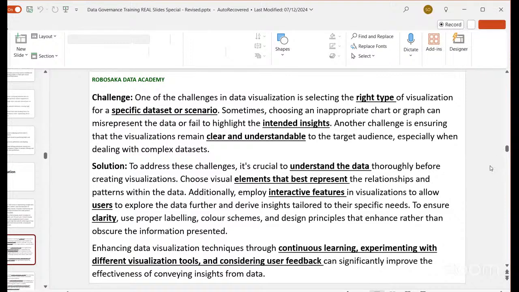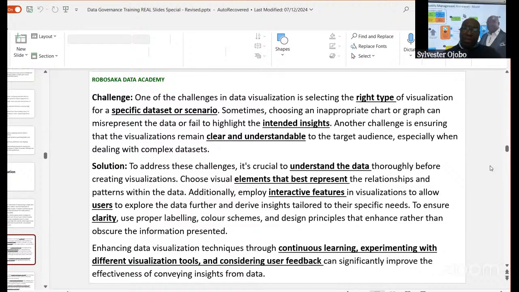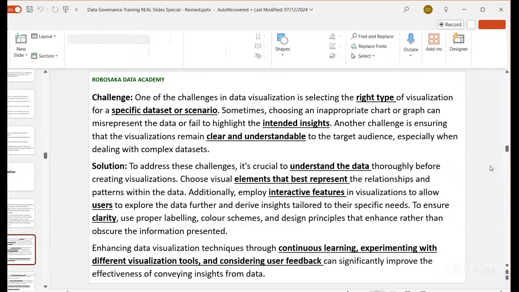So it's something that could be very fatal. Absolutely. So that's why a lot of organizations can afford to pay a huge amount of money to data analysts and for data governance roles or positions.